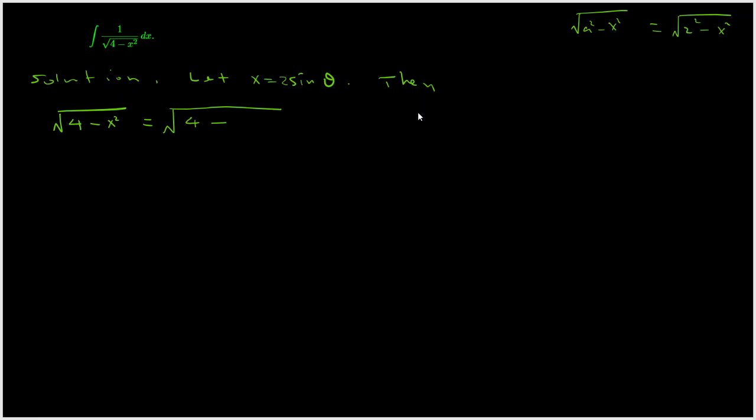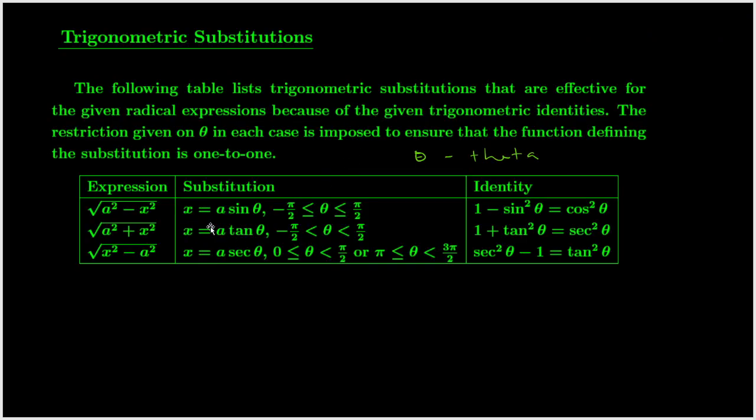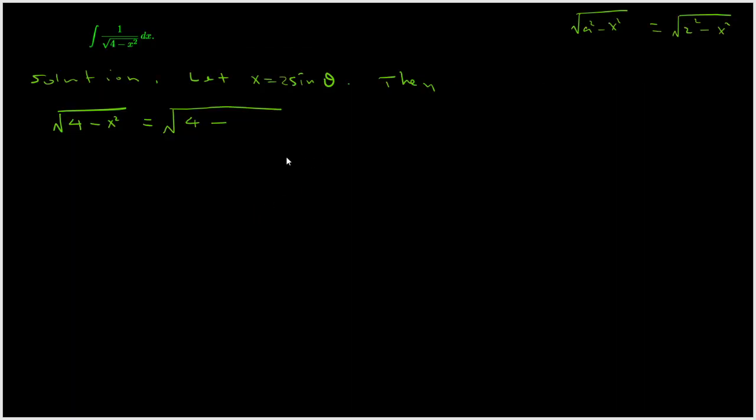Okay, x equals 2 sine of theta. In general, in the table, the substitution we need is x equals a sine of theta. In this particular case, a is 2, so that's why I set x to be 2 sine of theta. 4 minus 2x squared will be 4x squared. Sorry.